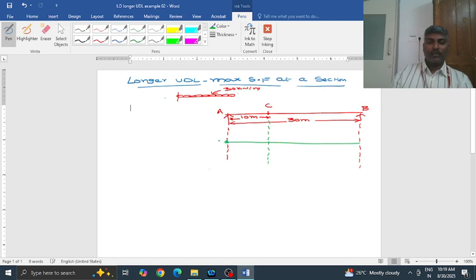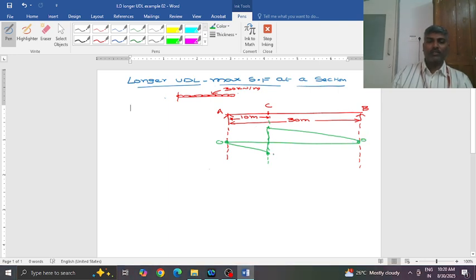The ILD ordinate value is 0 at A, and it will have a lesser ordinate towards A and more value towards B, and this you join to 0.